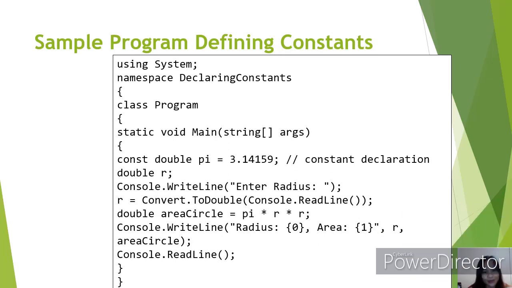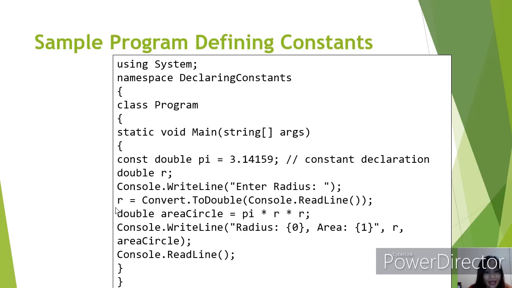Let's continue. In this sample program, we have a constant named pi. Its data type is double and its value is 3.14159. And then we have a variable named r. Its data type is double. This line will display "Enter radius", and then this line will allow you to enter the value of the radius. ToDouble is a method. Convert is a class.